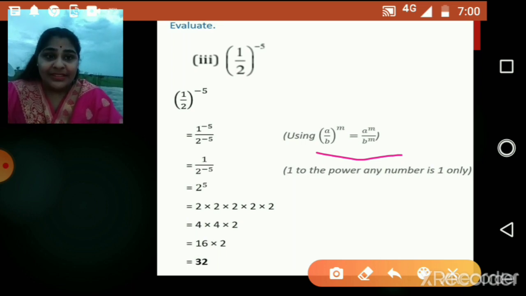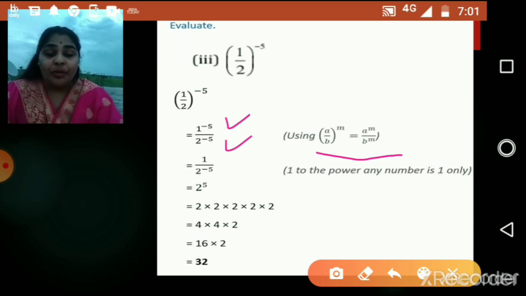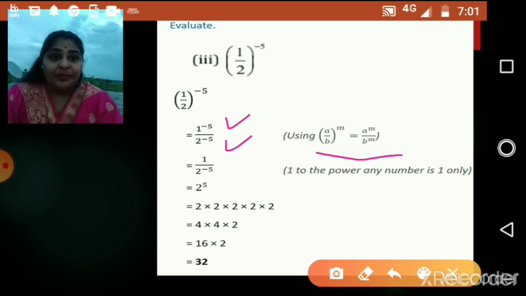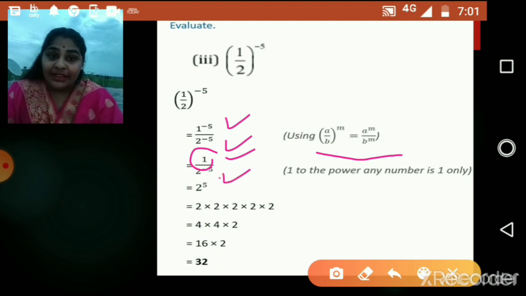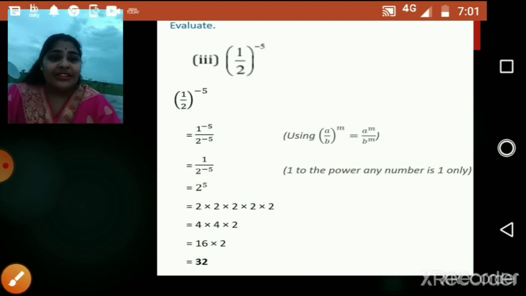Using the same rule we are writing 1 upon 2 whole raised to negative 5 is equal to 1 raised to negative 5 upon 2 raised to negative 5. Now 1 raised to the power of any number is 1. So using that, in the numerator it will be 1, right, which is equal to 1 upon 2 raised to negative 5 in the denominator.